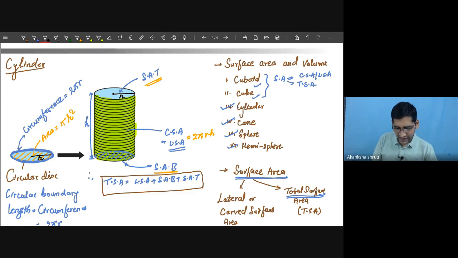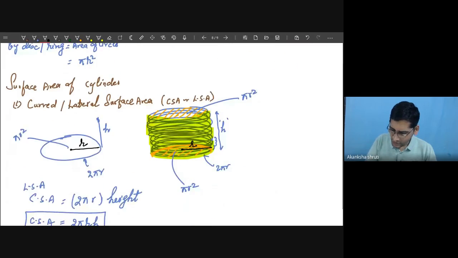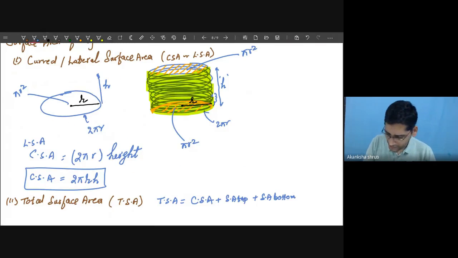Therefore, the total surface area is obtained by CSA we have calculated as 2 pi r into h, plus the surface area of the top. The top one is a flat disc, the top disc area, and it is also a disc area, but this one is our bottom disc.